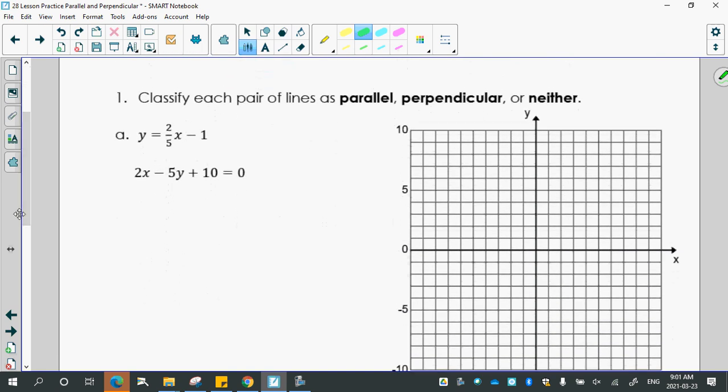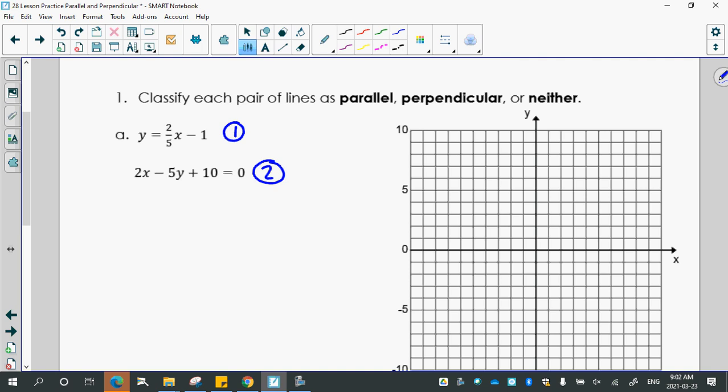Okay? So you've got two lines here. Line 1 and line 2, we could call them. Line 1 is in that lovely y equals mx plus b form. So we already know the slope of it. Does everyone agree? I know the slope. I can also draw it.